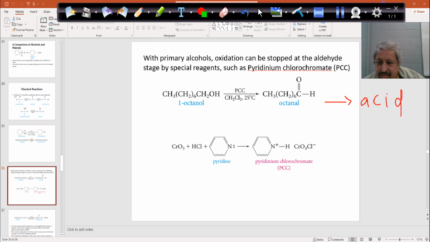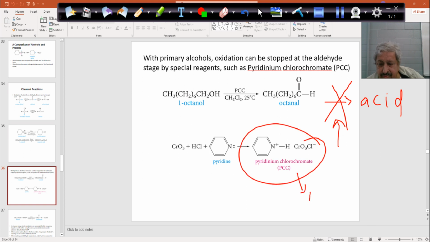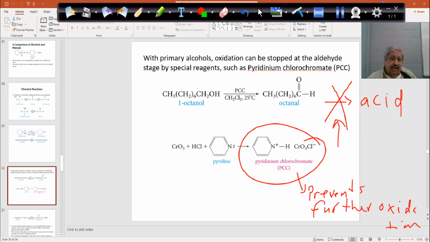So the acid will not form. Why? Because you are using a compound that prevents this further oxidation. So if you use this type of compound, it will prevent the aldehyde going to carboxylic acid.